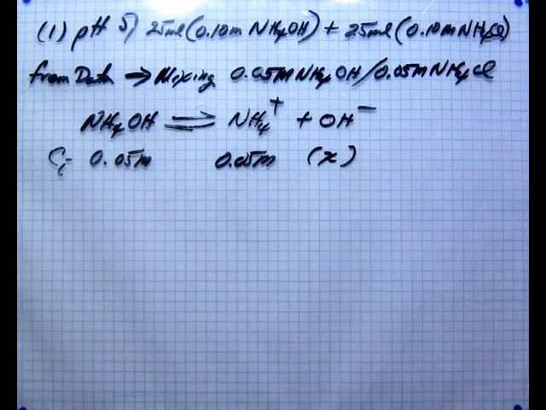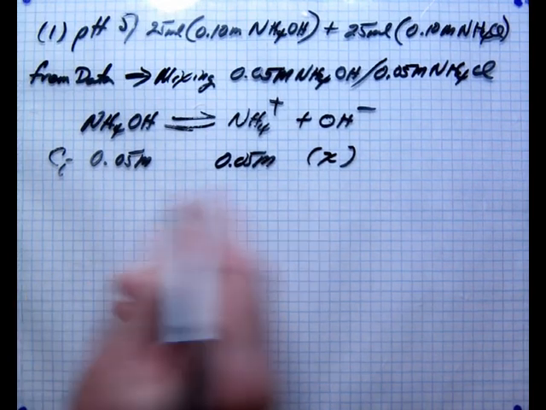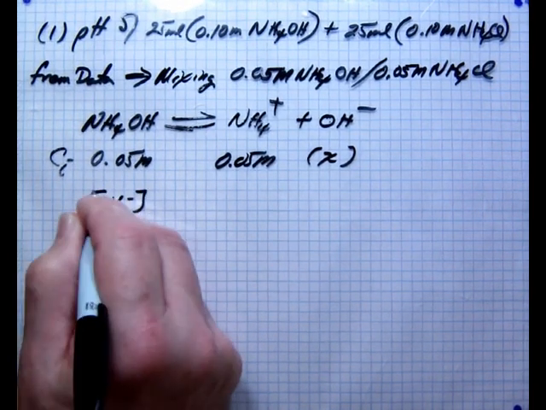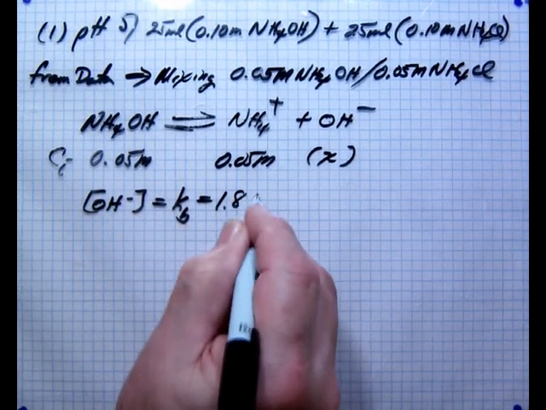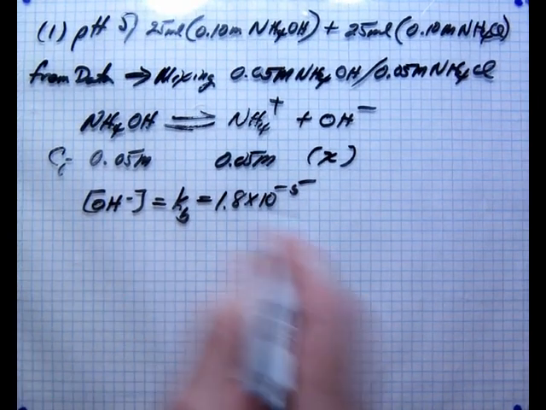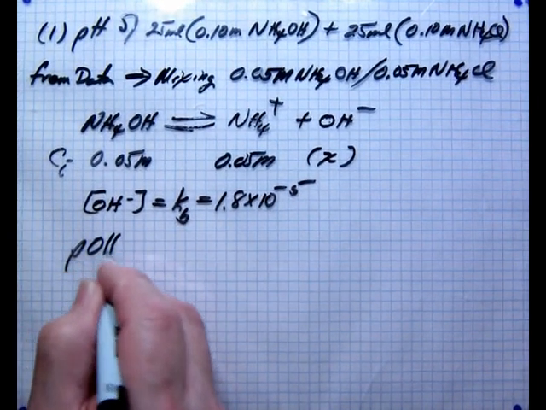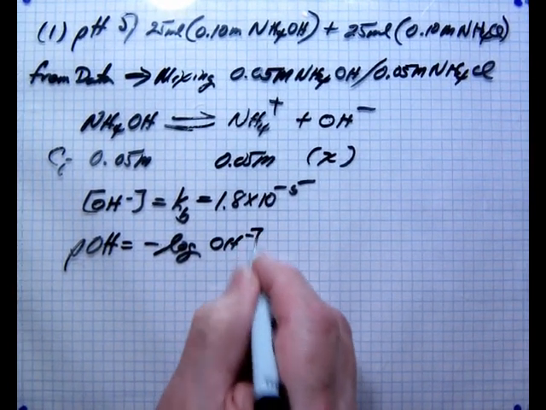Now in this particular case, when the concentrations are equal of the salt with the weak acid or base, then the hydroxide ion concentration will equal the Kb value, which is 1.8 times 10 to the minus 5. And we know that pOH is minus log of the hydroxide ion concentration.